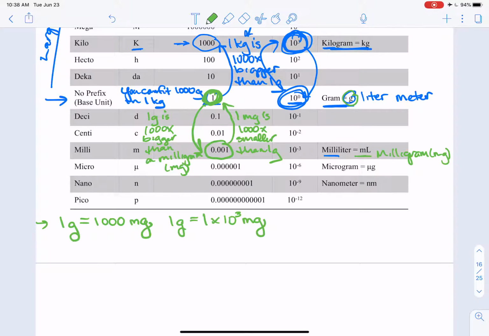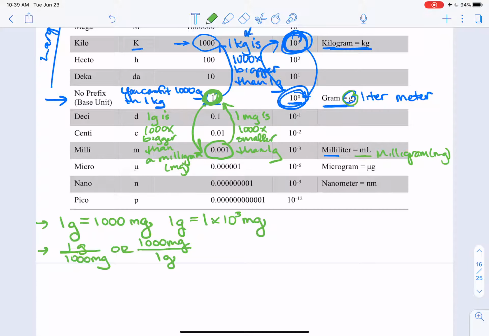All right, how we can also say these statements is you've got 1 gram per every 1,000 milligrams. Or you can flip that upside down and it's saying exactly the same thing. For every 1,000 milligrams, you've got 1 gram, or 1,000 milligrams per gram, or 1 gram per every 1,000 milligrams.